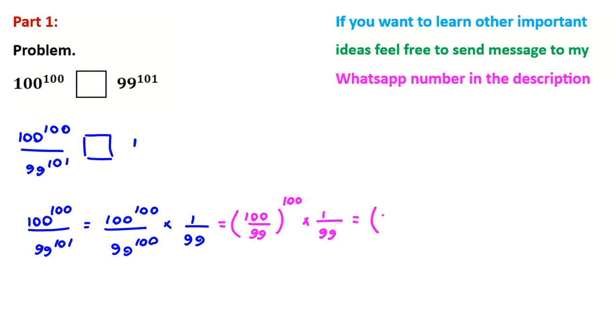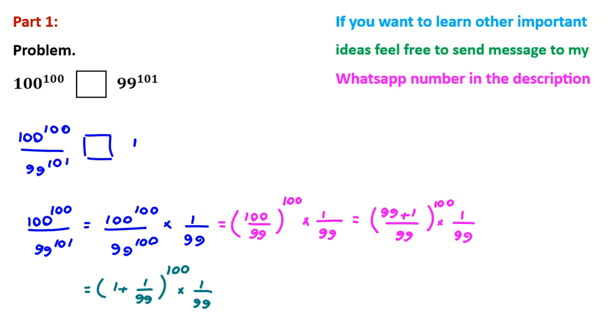Now, I can write 100 as 99 plus 1, over 99, to the power of 100 times 1 over 99. In the next step, we can divide: 99 over 99 is 1, plus 1 over 99, to the power of 100 times 1 over 99.